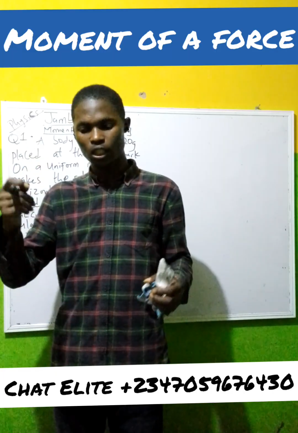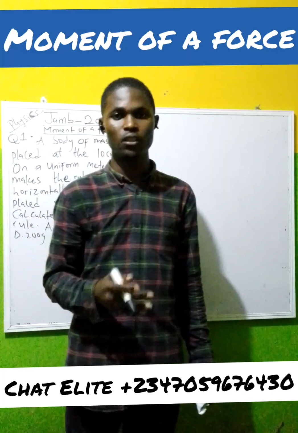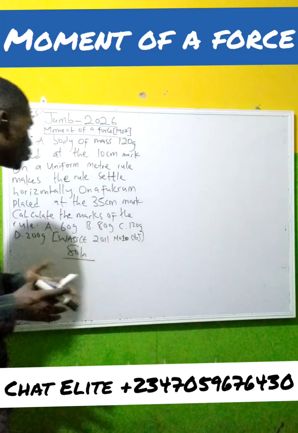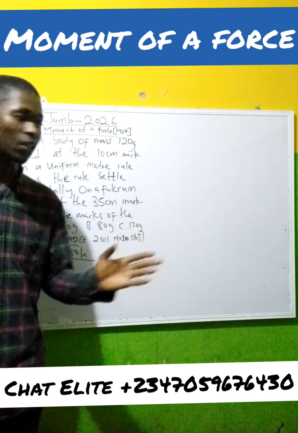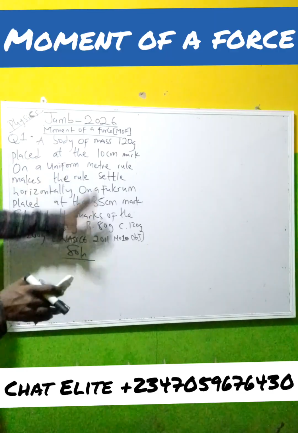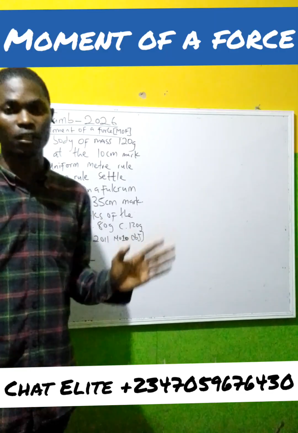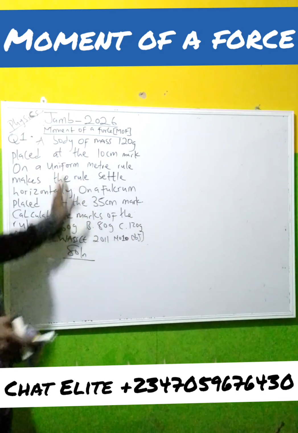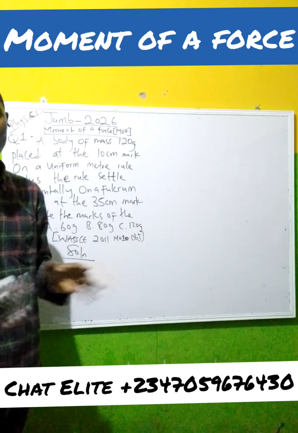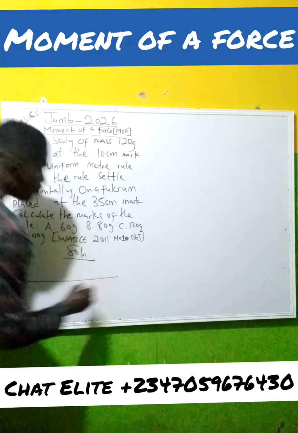If you are having lengths that are below 50, then you are going to be using a half meter rule, and a half meter rule is 50 centimeters. Looking at this, the total length that we have here, the measurement inside this question, is 35 centimeters, which means you have to drag out your half meter rule.